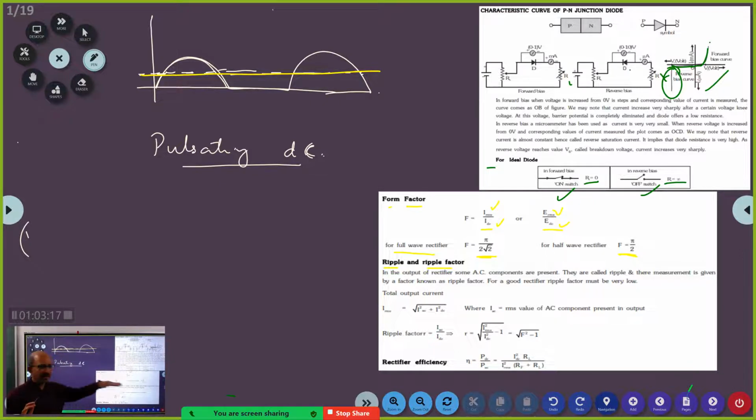But we are not getting it. There will be some ripples over this. What does ripple mean? If you go to a lake early morning, the water will be plain. If you drop a pebble, you will get ripples on that. So these ripples are overriding the average value. Got it?